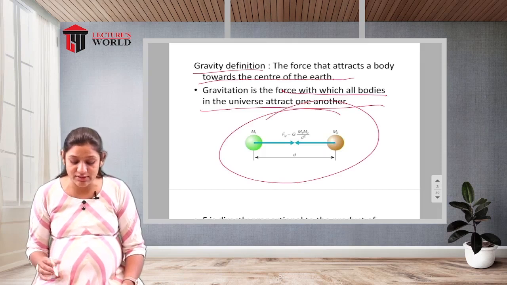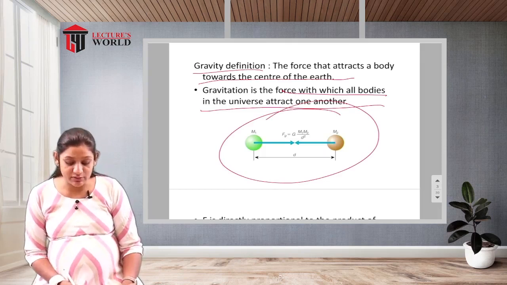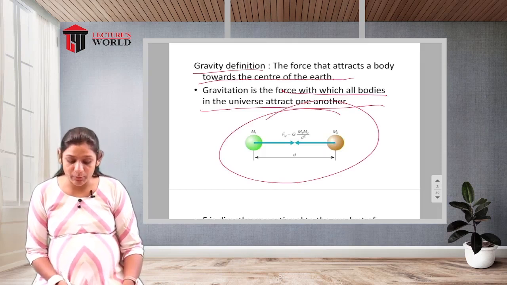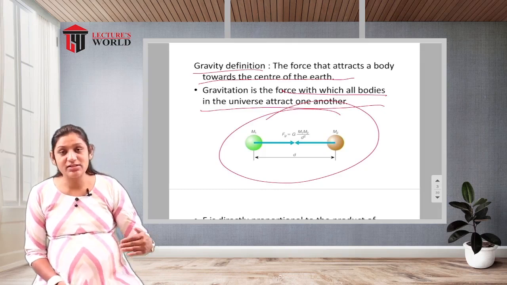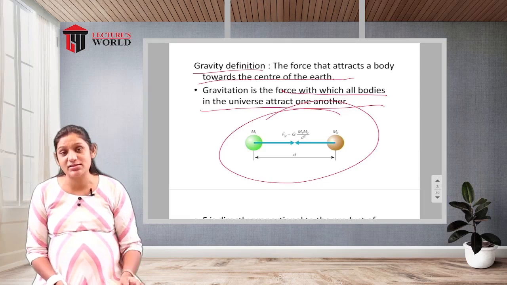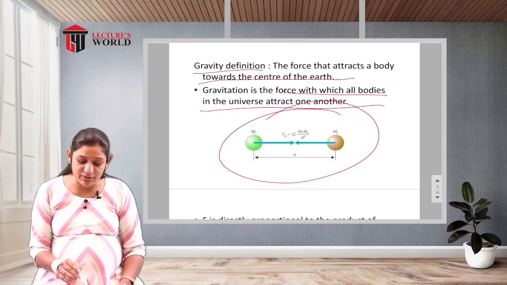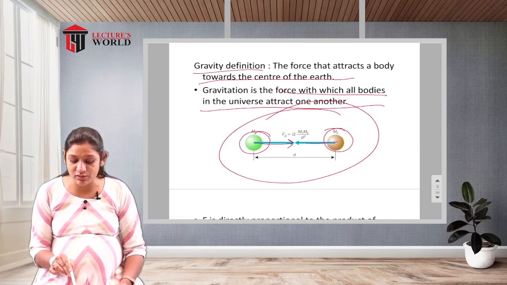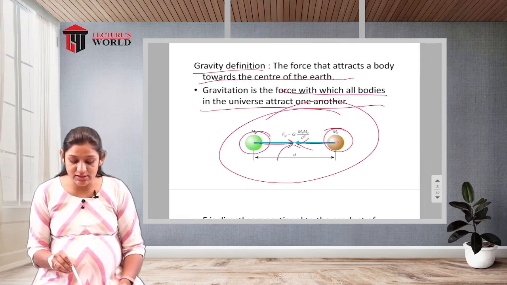This is m1, this is m2, and F is equal to G m1 m2 upon d square. We will study this in the next slide. This is the formula, where one mass and another mass attract each other, and this is the distance.